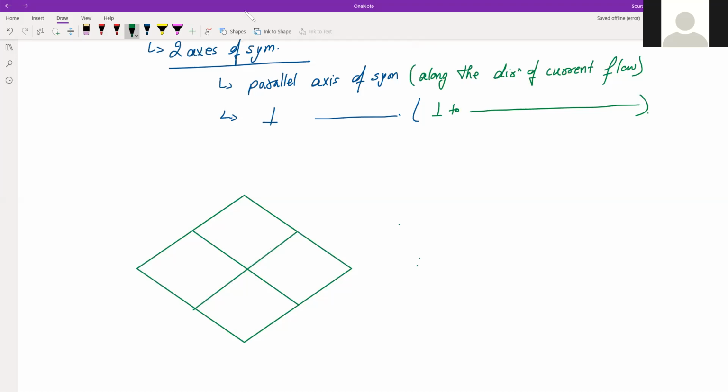Now the current flows, suppose this is the entry of current into the network and this is the exit of current from the network. Let this point be A and this point be A dash. Okay, now in all these sections you have some resistors.